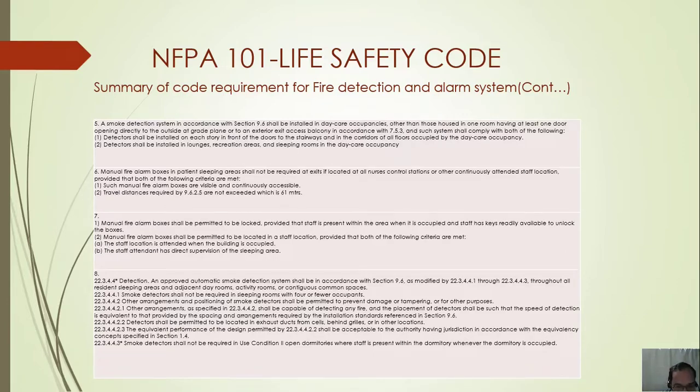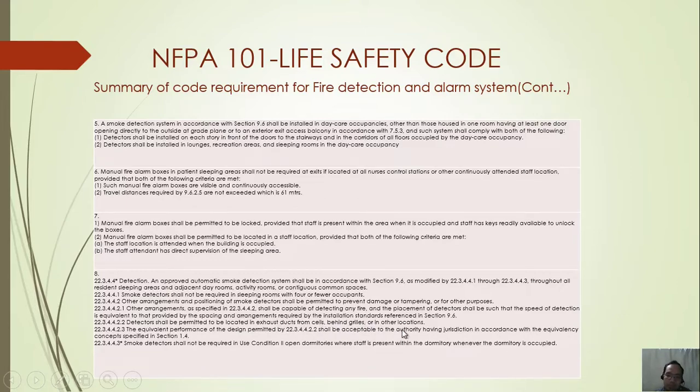You will see here other arrangement as specified in 23.3.4.4.2 shall be capable of detecting of any fire, and placement of detector shall be such that the speed of detection is equivalent to that provided by the spacing and arrangement required by installation. When you locate this detector with special arrangement, like what I said, it can be installed behind the grills. You will see here, detectors shall be permitted to be located in exhaust ducts from cells behind the grills.